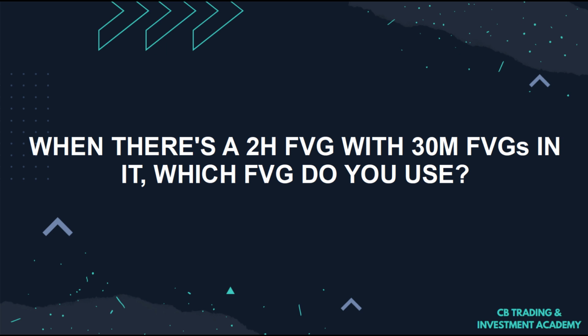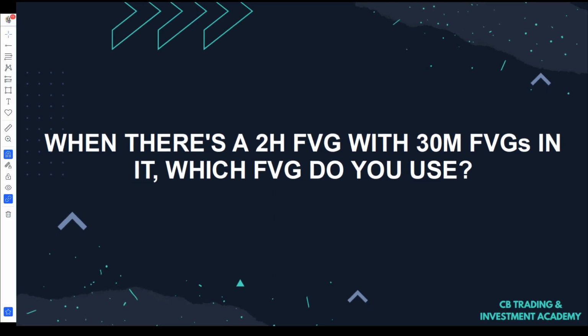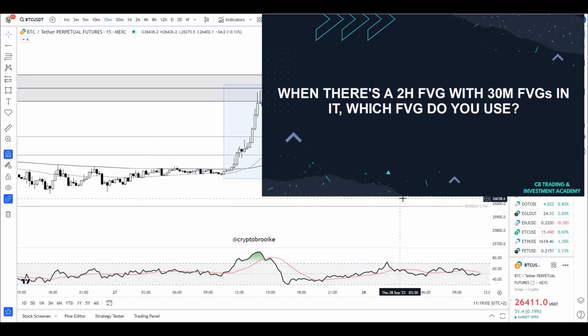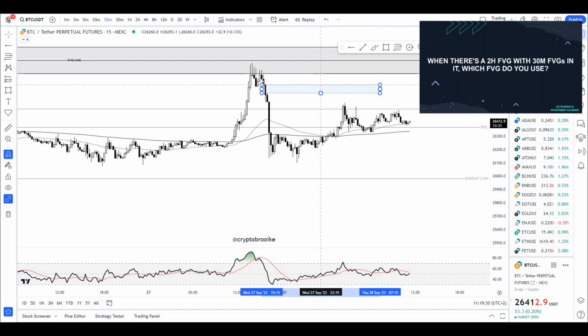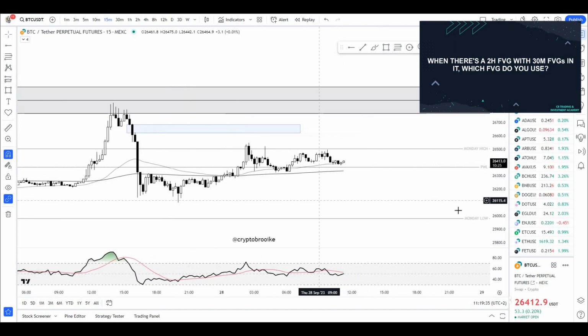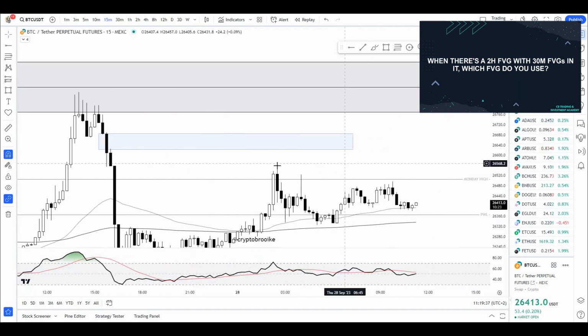Well, I think that depends on what time frame you are charting. As you can see, there is a fair value gap here. Let's zoom in a little, makes it easier for you guys to see.